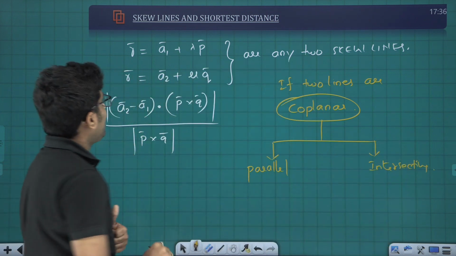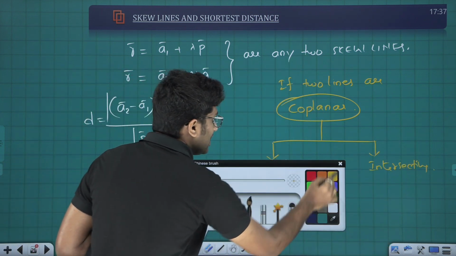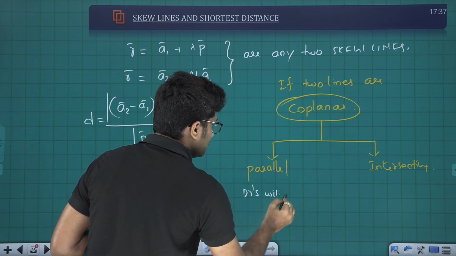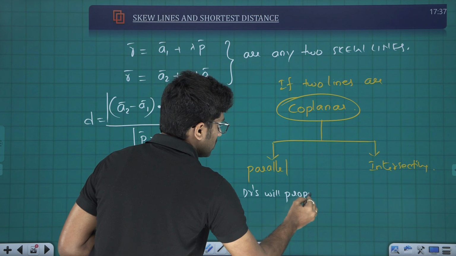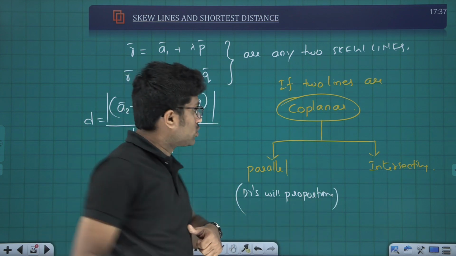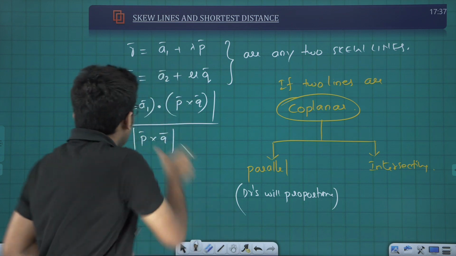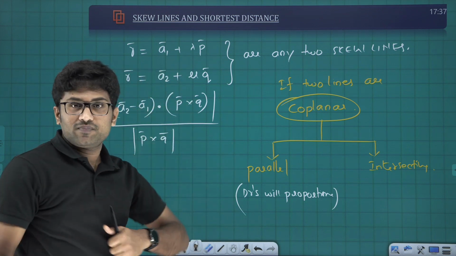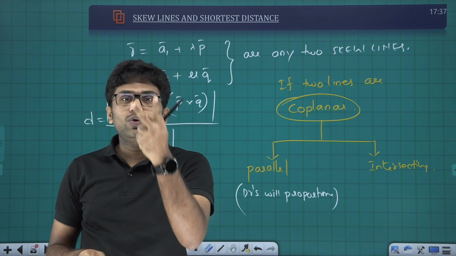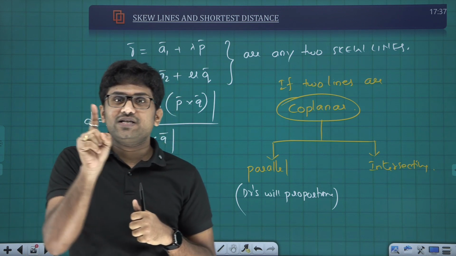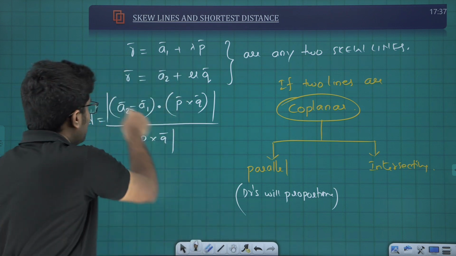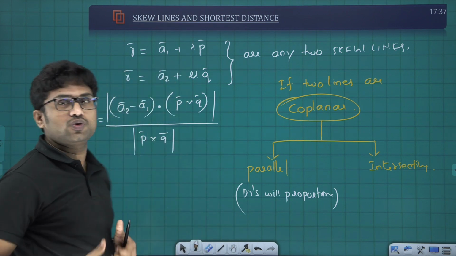If two coplanar lines are parallel, then their DRs are proportional. If they are intersecting, we equate this numerator to 0. Very, very important. To show that the given two coplanar lines are intersecting, friends, mark this again, we equate the shortest distance to 0.